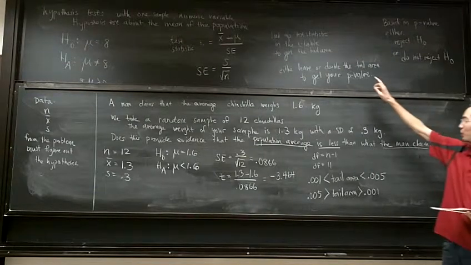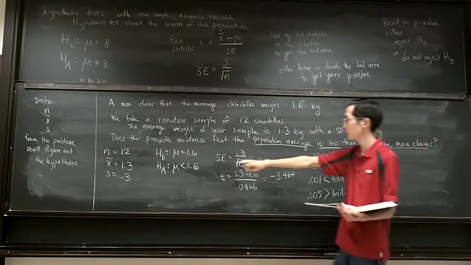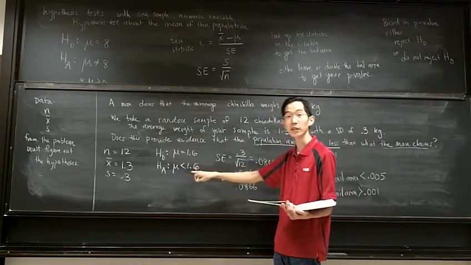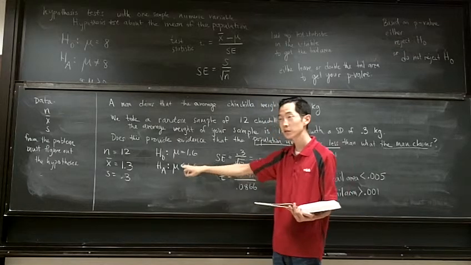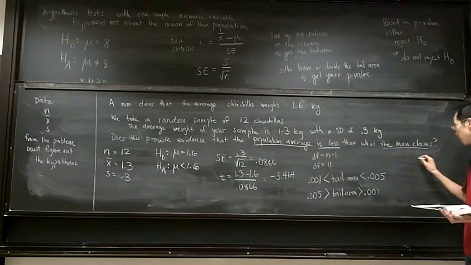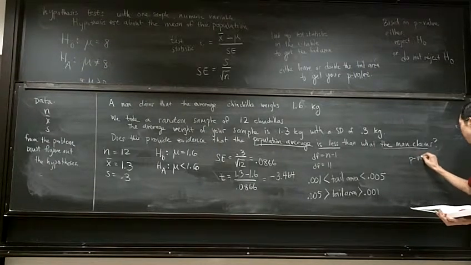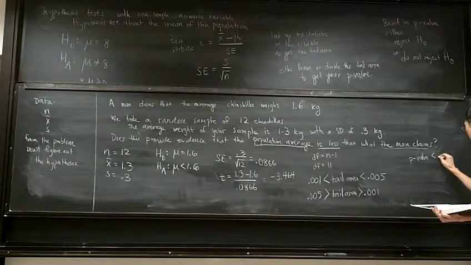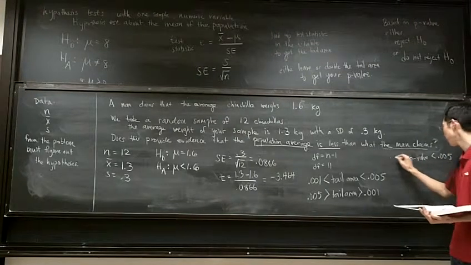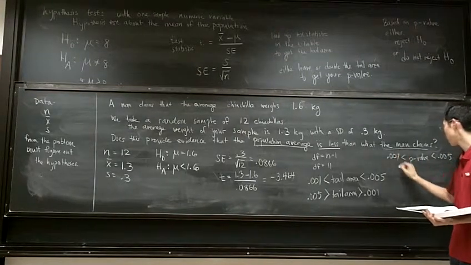We leave it as is because why? I have a less than sign here, meaning it's a one-tail test. So I leave my tail area as my p-value. My p-value, I don't know exactly what it is, but it's less than 0.005 and more than 0.001.